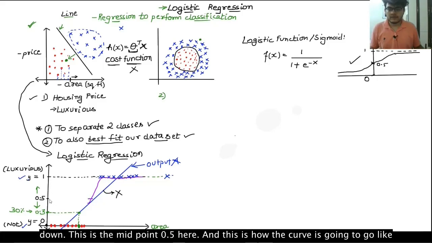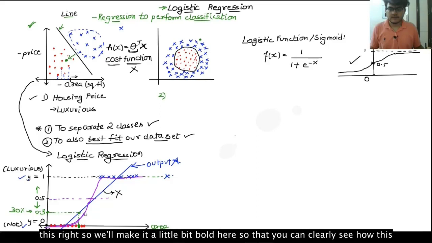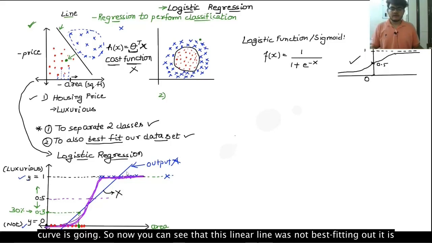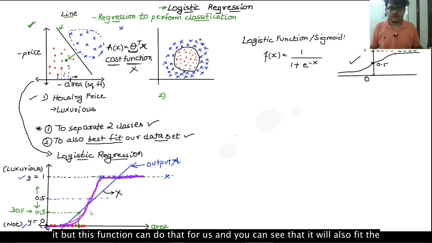This is the midpoint 0.5 here, and this is how the curve is going to go, right? I will make it a little bit bold so that you can clearly see how this curve is going. So now you can see that this linear line was not best fitting our data set, but this function can do that for us.